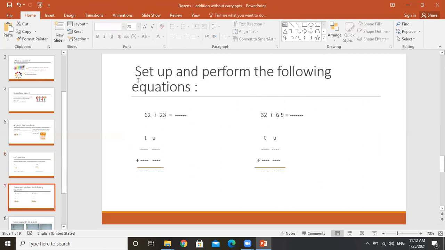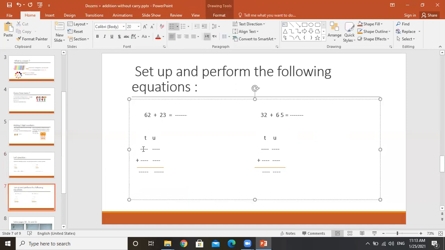Now, set up and perform the following equations. Here we have a line equation or a line addition. We should set up in a column. So 62 plus 23, let's set up 62. Here T stands for tens and U stands for units.